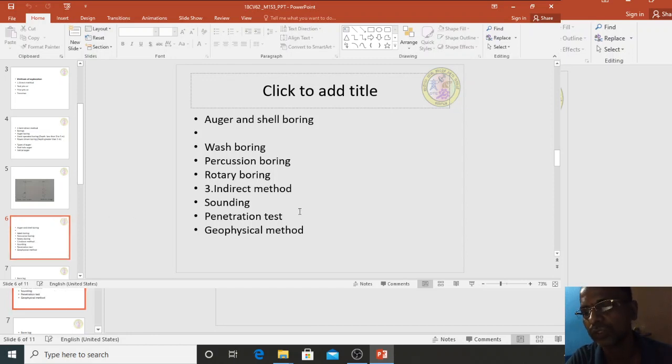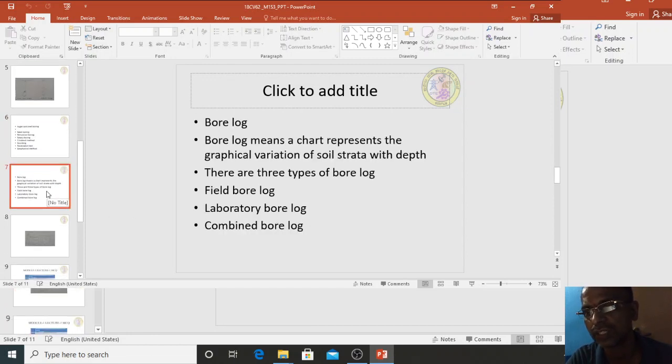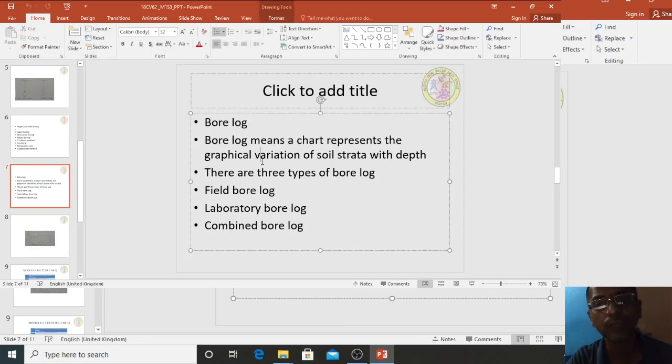Okay, next we come to the bore log. What is meant by bore log? A bore log is a chart which represents the variation of the soil strata with the depth. That means when we collect the soil, for example at 0 meter we collect red color soil.